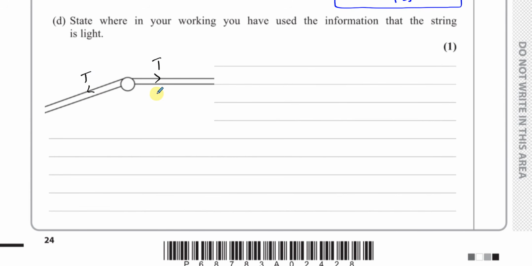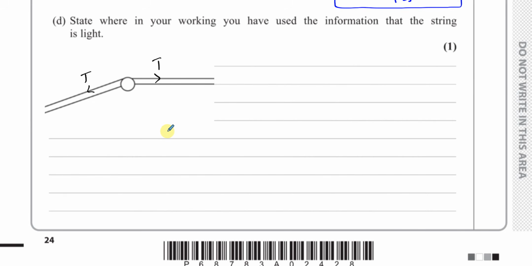What we used is we stated that the tension on both sides of the pulley is the same. That's what we used in order to get the answer. Now, most people would say that we ignored the mass of the string. That's how we used the fact that the string is light. So in the working, we didn't consider the mass of the string.